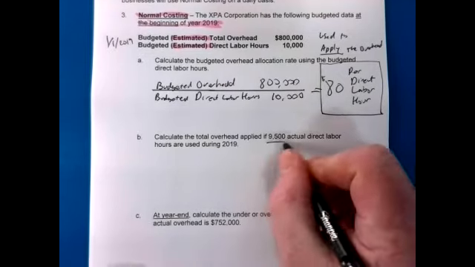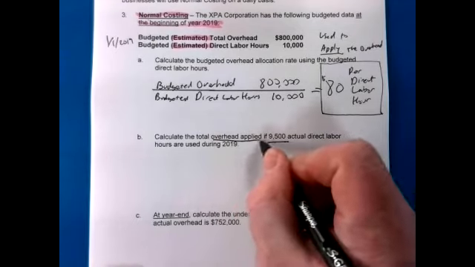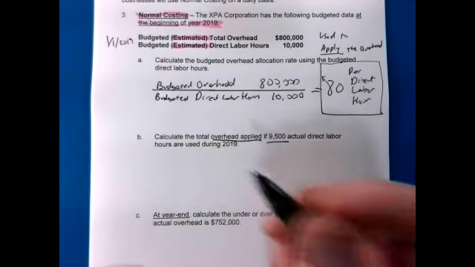Okay, so during the year, we had 9,500 actual direct labor hours. So we want to see how much overhead was applied.